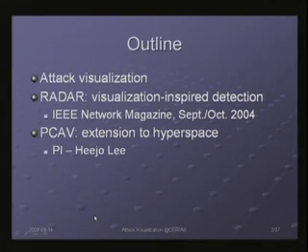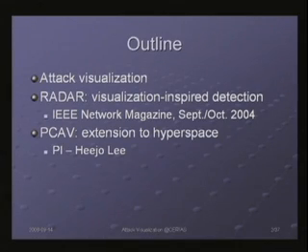So the outline of the talk is this. It's a three-part talk. In the first part, we'll talk about literally visualizing the attacks. The second part is more algorithmic, more automatic stuff that extracts the attacks and sort of classifies them and, if possible, calibrates it, measuring the intensity of the attacks.